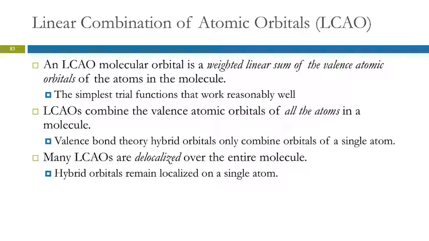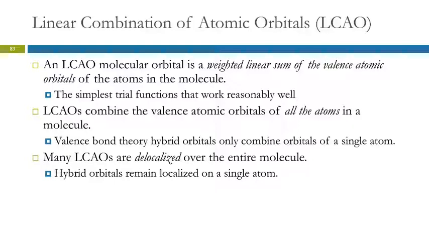So one way to think about the molecular orbitals is to think of them as a linear combination of atomic orbitals. That's kind of a mouthful. That's abbreviated LCAO, linear combination of atomic orbitals. This is a weighted linear sum of the valence atomic orbitals of the atoms in a molecule.